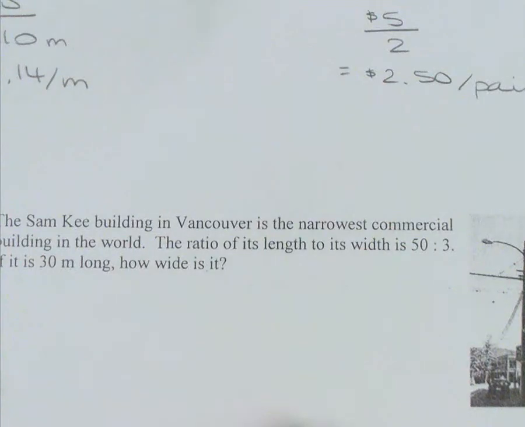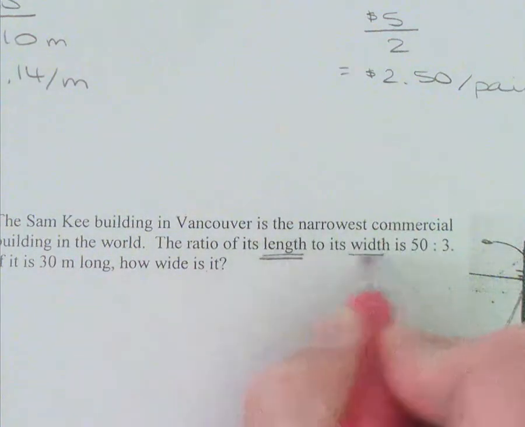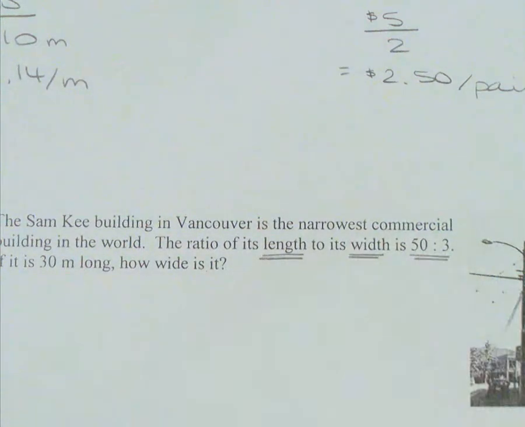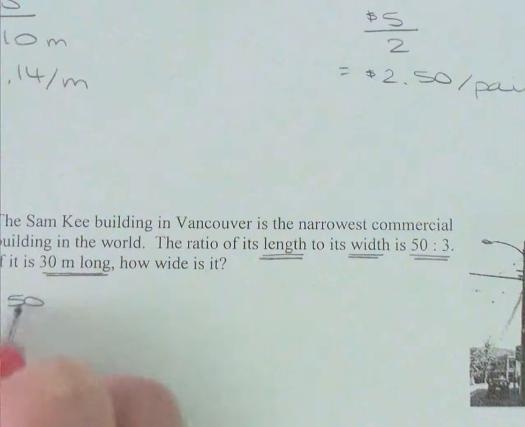Interesting fact, the Sam Kee building in Vancouver is the narrowest commercial building in the world. The ratio of its length to its width is 50 to 3. It is 30 meters long. How wide is it? So its ratio of length to width is 50 to 3.